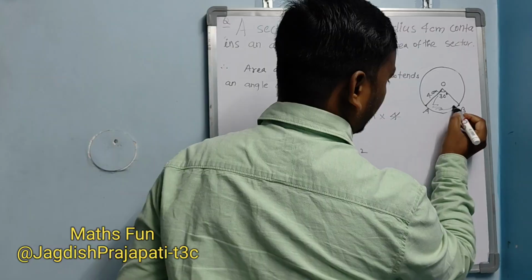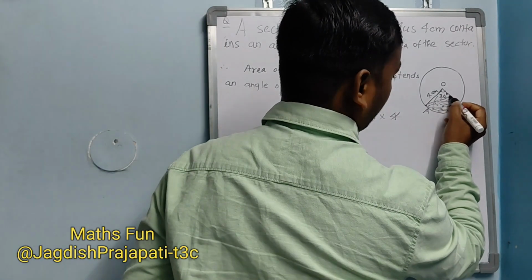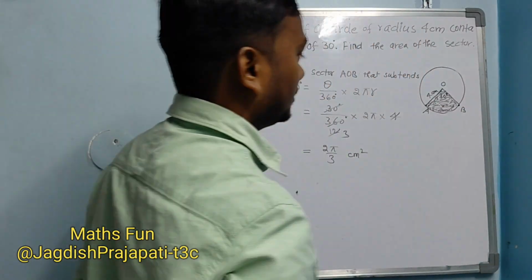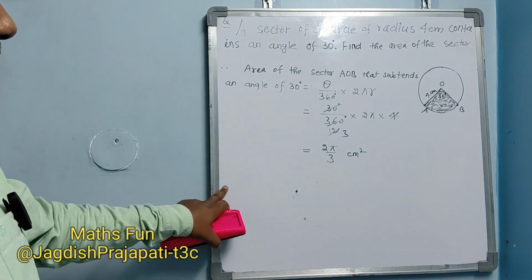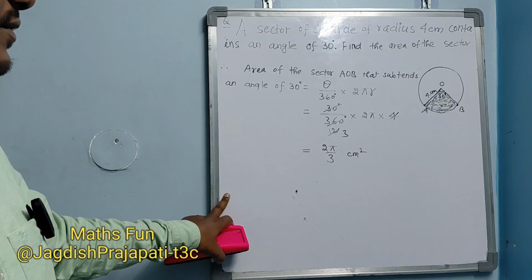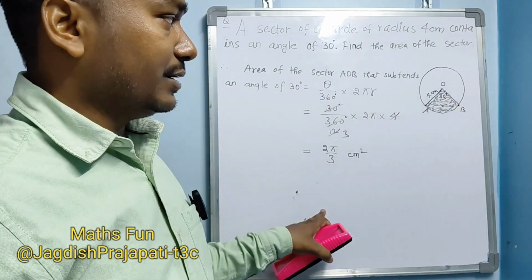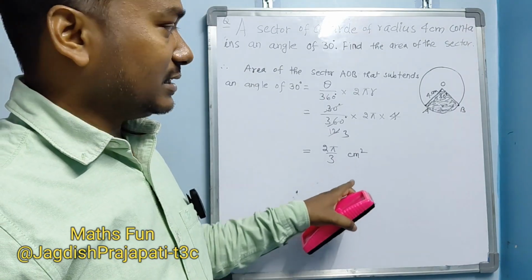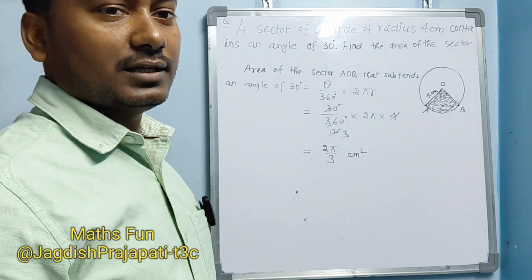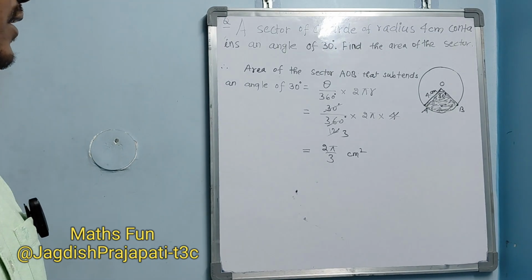For the sake of simplicity, you can shade this region so that examiner will understand that we are discussing this shaded region. Okay. So therefore you can write one line for your answer: the area of the desired sector AOB which is shaded is 2 pi by 3 square centimeter. Okay, so write down it quickly.